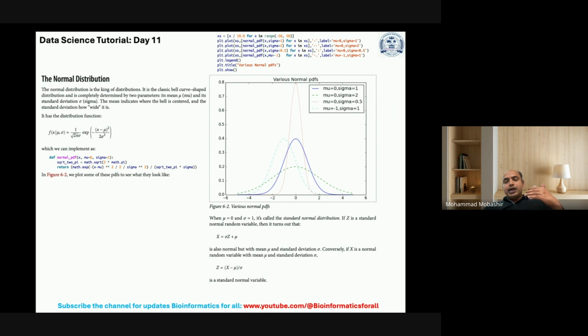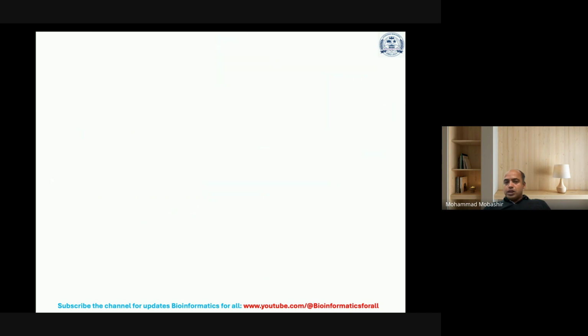So here you can again see what a normal distribution is and how to write the code, and when you declare the distribution as a normal distribution, when it is a standard distribution. So this is a standard normal distribution. Everything you need to understand in terms of values, and then go for the coding part and apply some condition when to declare a standard normal distribution and other normal distributions.